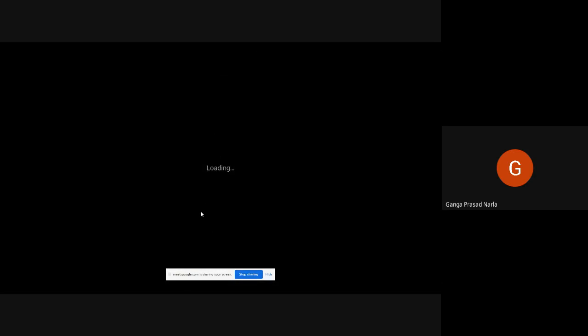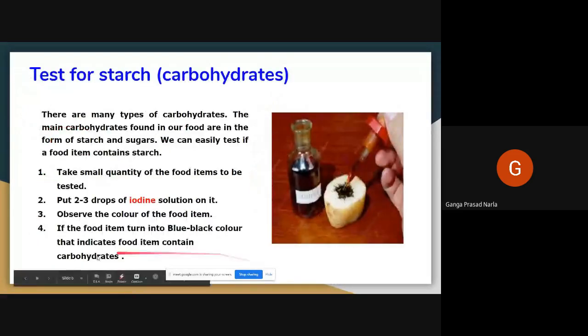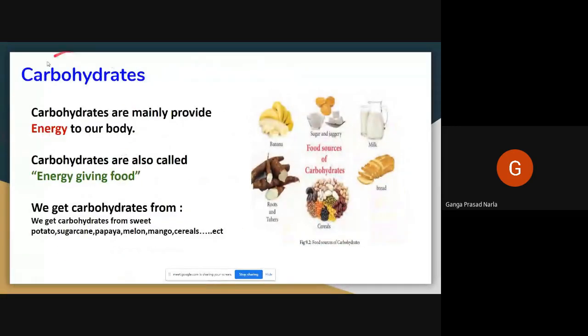We eat food to get energy, right? Which nutrients provide us energy? Carbohydrates.